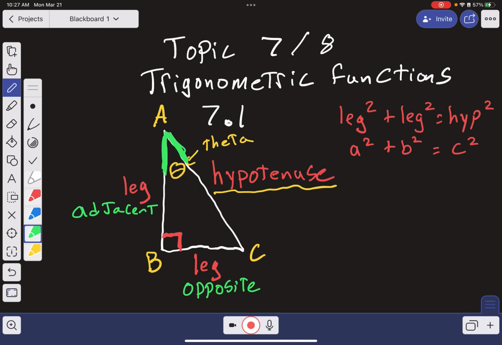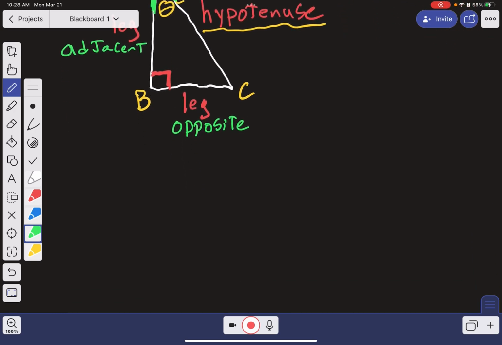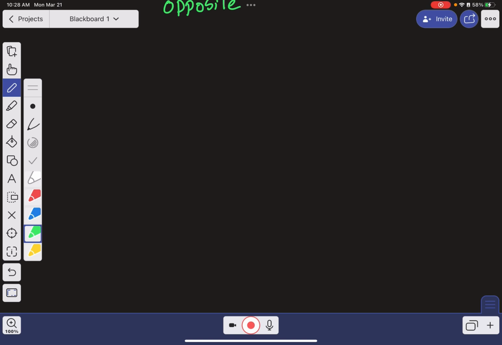Because we're talking about ratios: a sine ratio, a cosine ratio, a tangent ratio. And these ratios are ratios of opposite over hypotenuse, and so on. So the first thing we need to make sure of is that given any right triangle, you can label those different sides. So let's say here's our right angle.